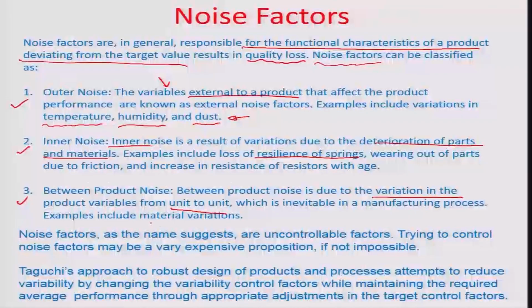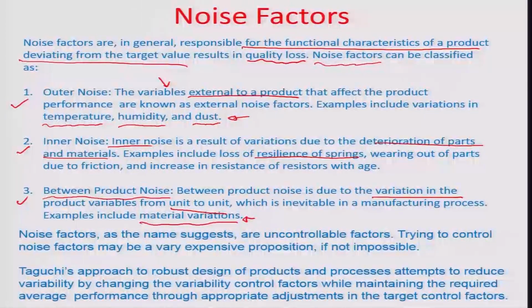So, there is going to be noise between products, from one material to the other, from one batch to the other batch of the same product, for the same process and for the same material supply system. And this is inevitable; you can't prevent it. Material variation, for example, is one of the major causes of such noise. If you could control it, it would be very useful, but you can't control this between-product noise, which would keep coming.